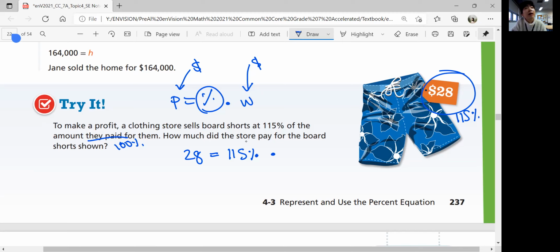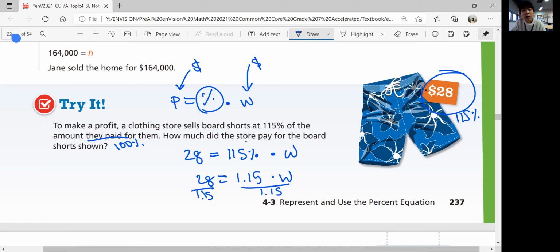How much did they pay? You don't know. That's why you're trying to figure it out. So that's going to be your variable W. Then change the percentage into a decimal. Divided by 100, you get 1.15 times W. In order to solve for W, what do you do? You divide both sides by 1.15.